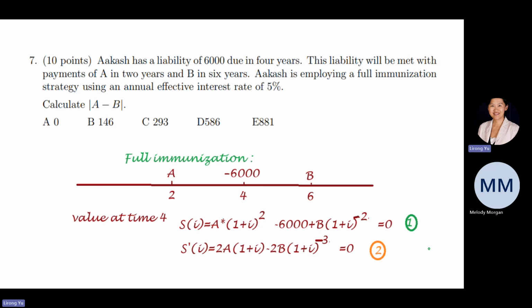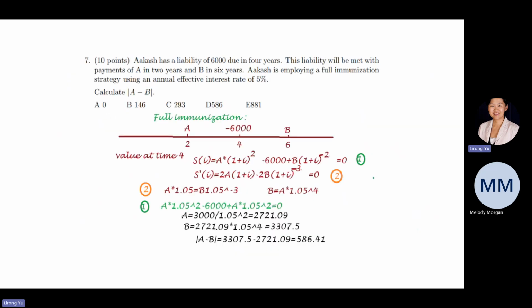So now we have 2 equations and we're going to plug in i equal to 5% and solve for A and B. The whole thing is to figure out a way to calculate A and B. With i equal to 0.05, the second equation becomes A times, the 2 cancels from the equation since we set it equal to 0, then A times 1.05 minus B times 1.05 to the negative 6 power. Then you move the B to the other side of the equation and multiply by 1.05. And then we have this.